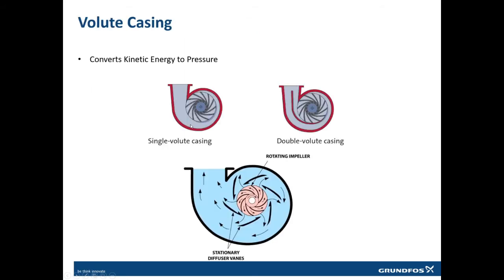Now, there are two types of volute: single volute casing and double volute casing. In a single volute casing, as you can see here, there is no vane or partition in between. Usually this is used in smaller pumps, or in the majority of industrial pumps. But whenever the flow goes above a higher range, we use a small vane or a diffuser in between.